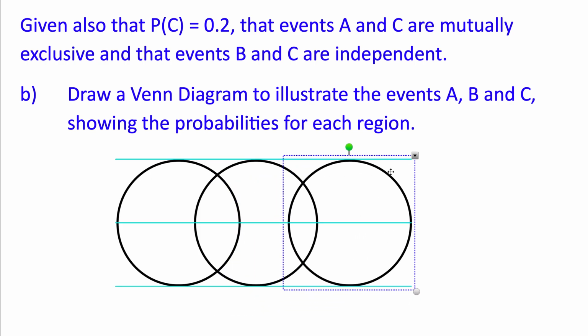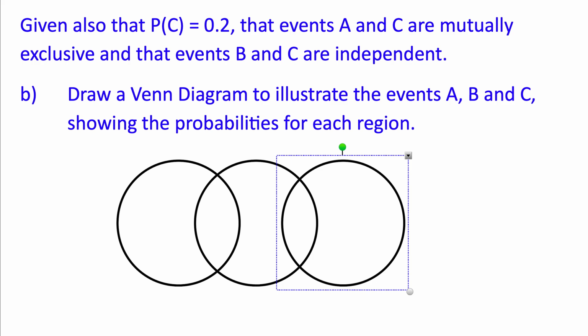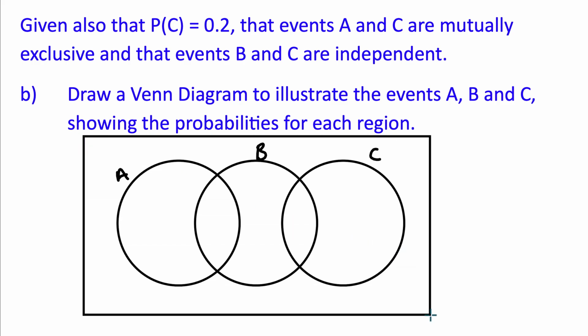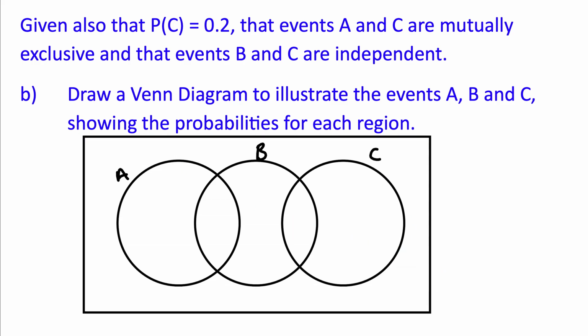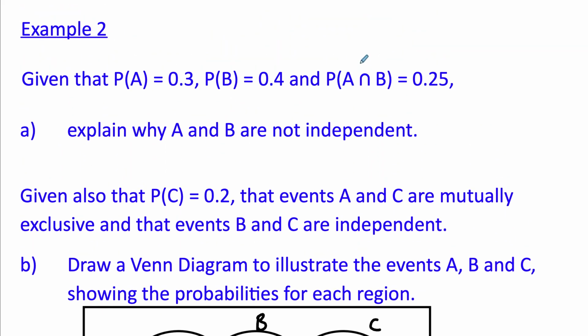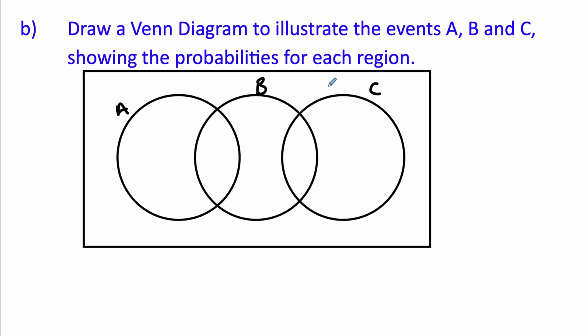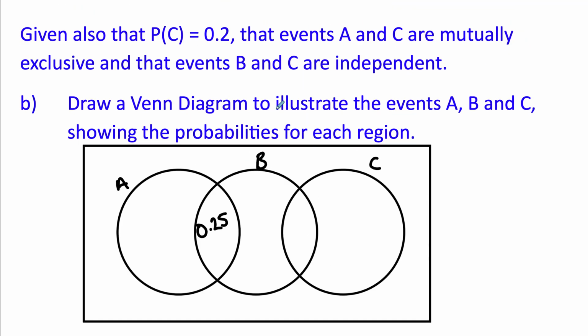So I can draw A, B and C like this because A and C don't need to have an overlap. Okay, so we already know a few things here. We know that A intersect B is 0.25.